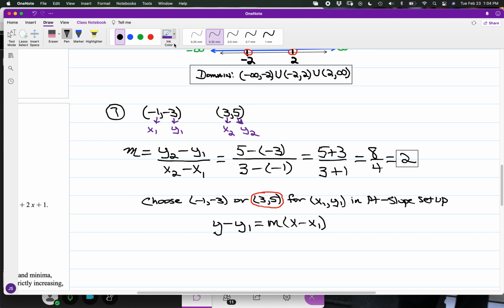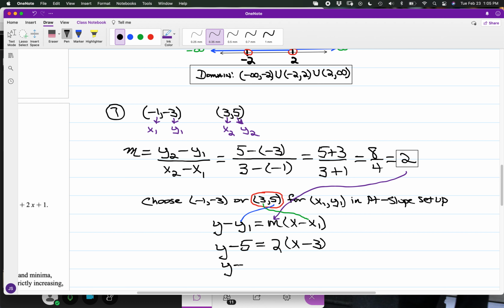So for the main portions, we got slope is at 2, and we got 3 for x1 and 5 for y1. So here we have y minus 5 is equal to the slope m, which is 2, times the quantity of x minus 3.